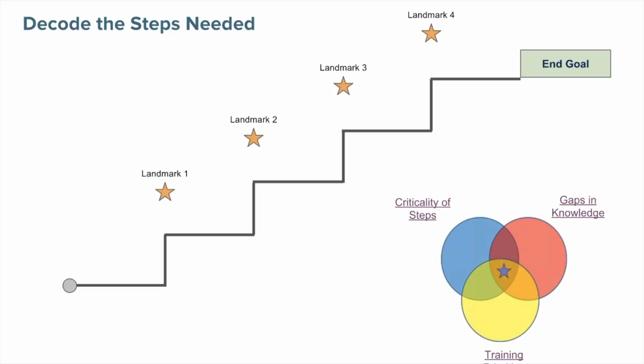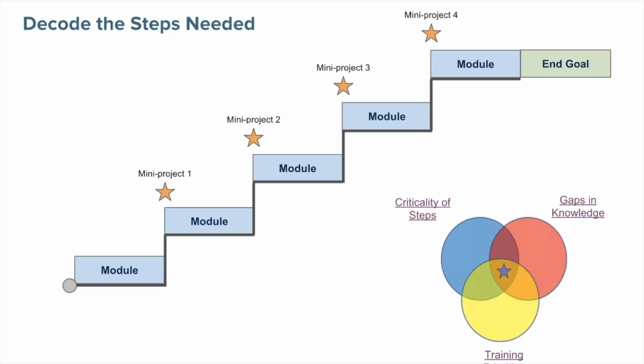Now, the good news is that once you've established those landmarks, it's really easy then to divide up all of these steps into modules. So the modules are just simply sections of learning, and once someone completes a module, you have them work on that mini project. And again, that mini project is just a stepping stone towards that end goal.